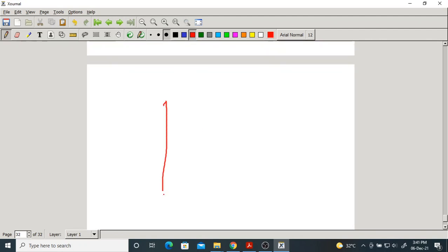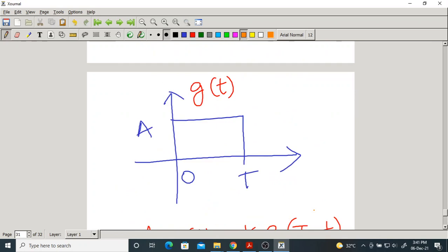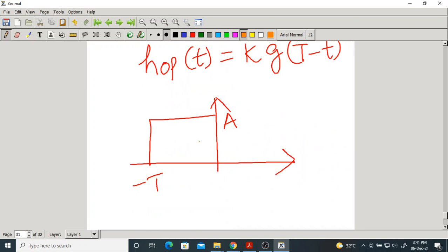So from 0 to T, this is a, K into a. What is this? This is h of t. But what is g of t? G of t is also exactly h of t, except the scaling factor k. Is it okay? Right.